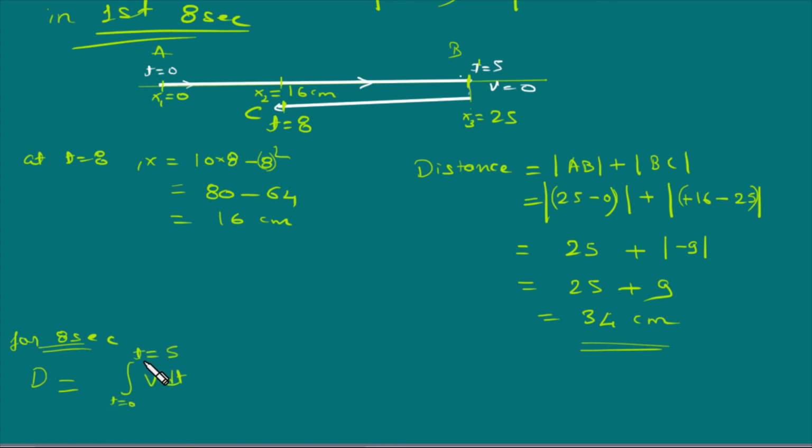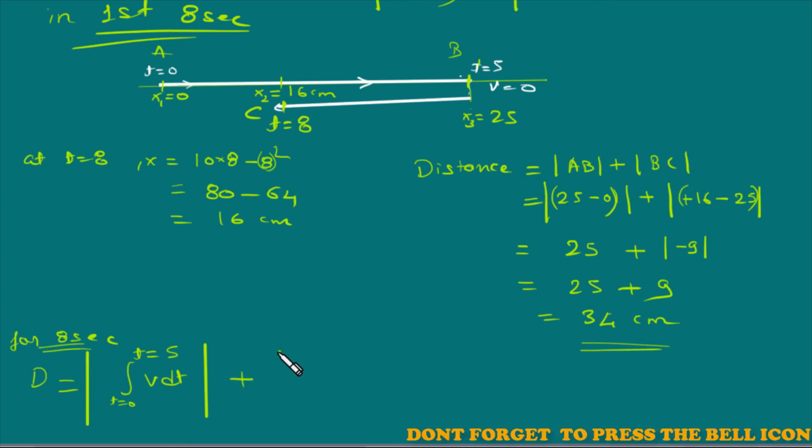This is the time at which the particle's velocity becomes 0, and you must put mod. This is the displacement the particle has before its velocity becomes 0, plus after that, again it traveled some distance from 5 seconds to 8 seconds.